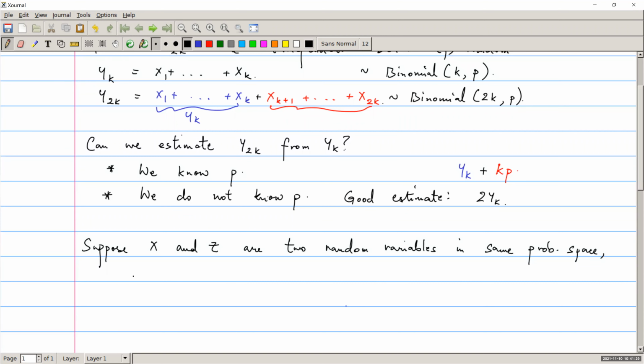Maybe we do Y, I'll use Z later. Then the best estimate of X using an observation of Y.